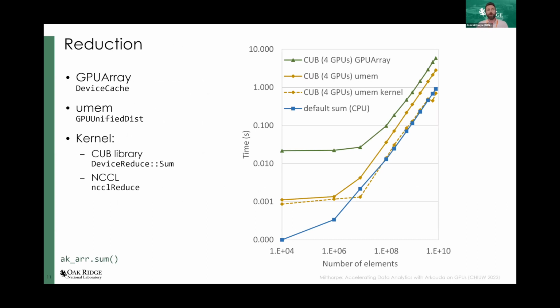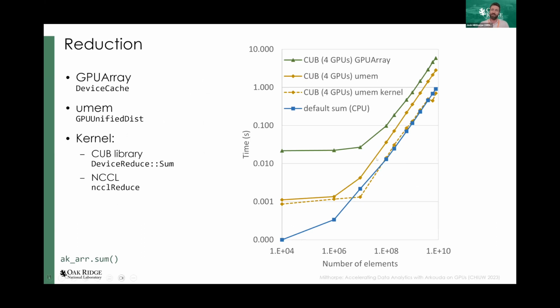Okay, so the first thing to note is that when we're looking at simple operations like sum, maybe you would expect the CPU wins easily for these kind of operations. This is much faster because merely the cost of transferring data to and from the GPU kills us in this case.